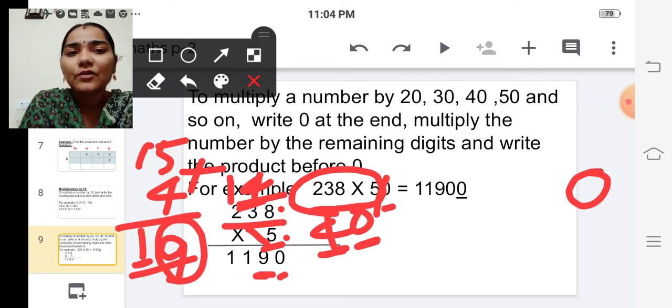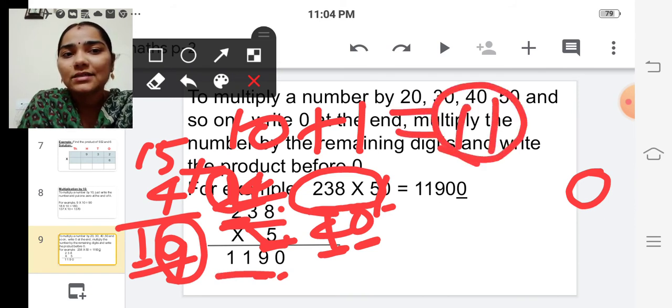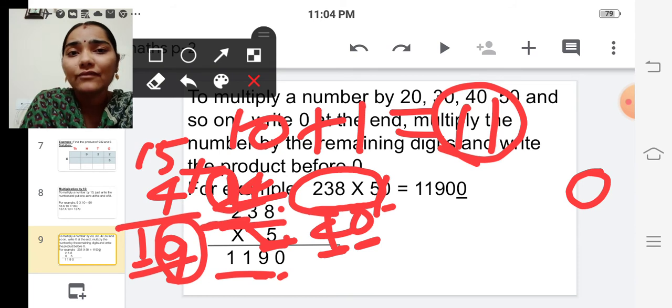So in the next step we are going to multiply this 2 and 5. 2 5s are 10 plus this carried over number 1. So we are getting 11. So write this 11 as it is, because we don't have any number in the thousands place, isn't it?